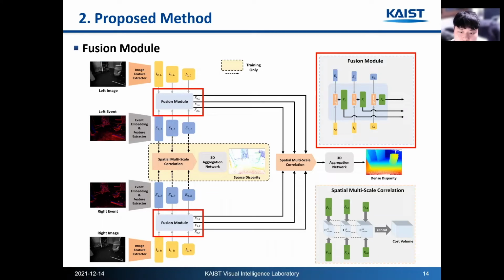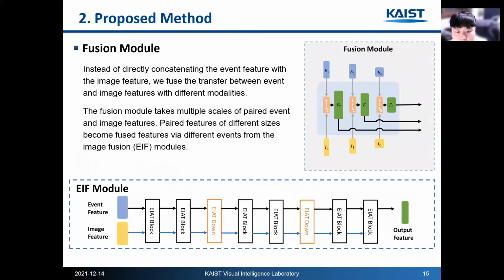Next, I will explain the fusion model. Feature maps of events and images generated at multiple scales are merged through the fusion model. The fusion model extracts only semantic information from images and transfers it to event features. Since the input image features and event features are multiple scales, the output is also a fusion feature map of multiple scales.